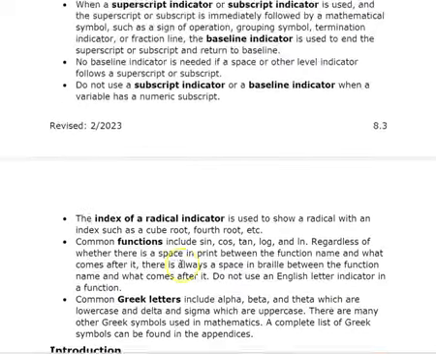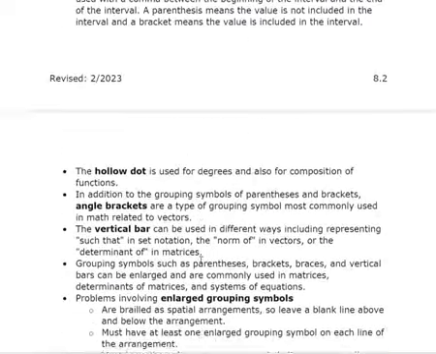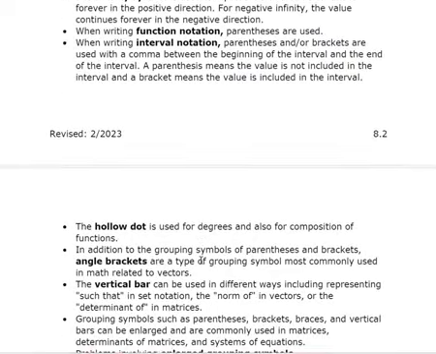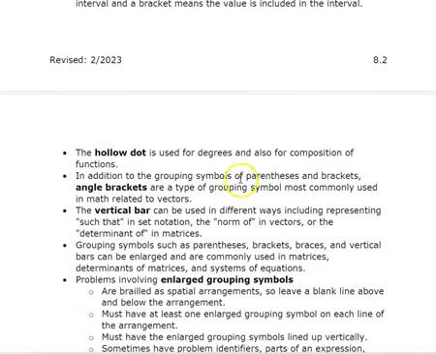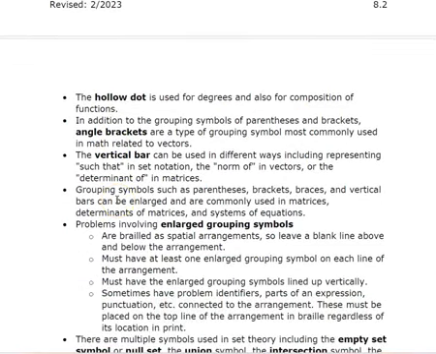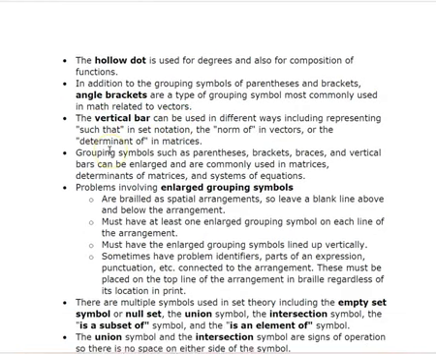We have quite a few of these notes here. The hollow dot is used for degrees and for composition of functions. Single brackets are a type of grouping symbol most commonly used in math related to vectors. The vertical bar can be used for such that, in set notation, the norm of in vectors, or the determinant of in matrices.